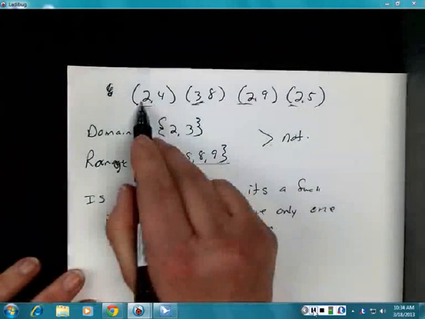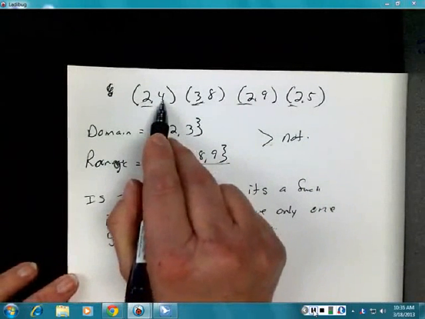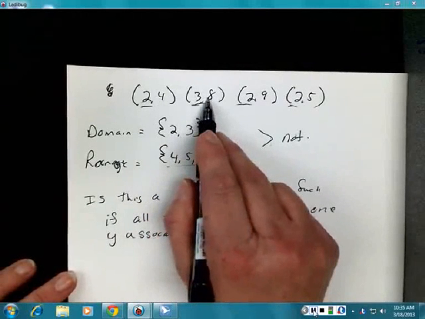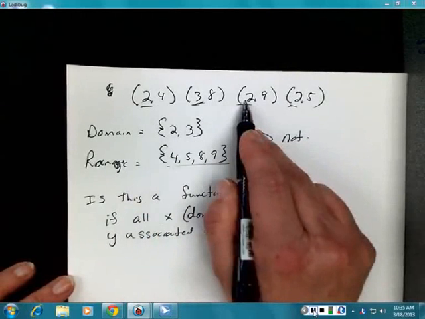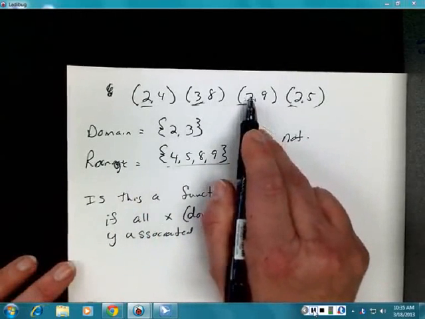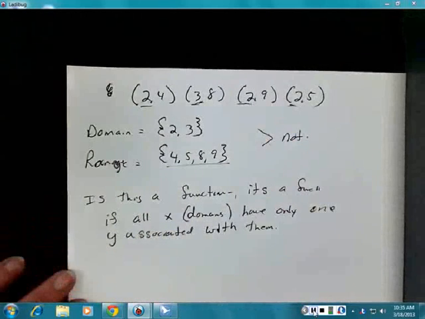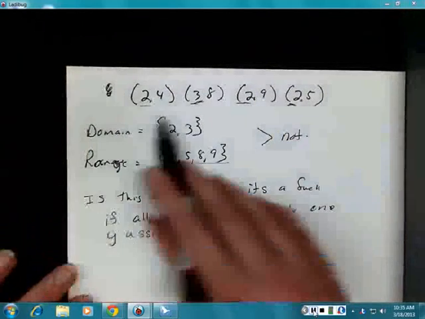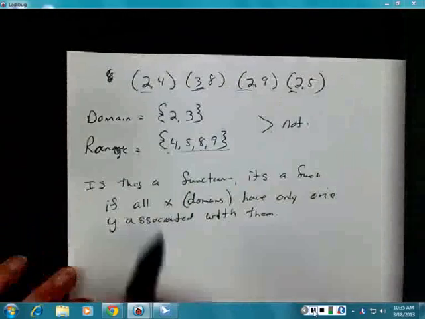Notice this 2 has 4, fine there, right? But when I go down here, this 3 only has 1 8, perfect so far. But 2's being a little funky here because 2 has a 9 associated with it now. And 2 also has a 5 associated with it. So what that means is it's not a function because these 2's are all shared.